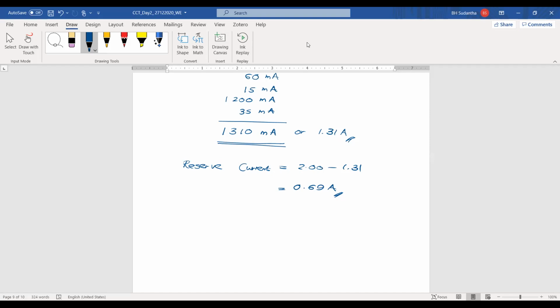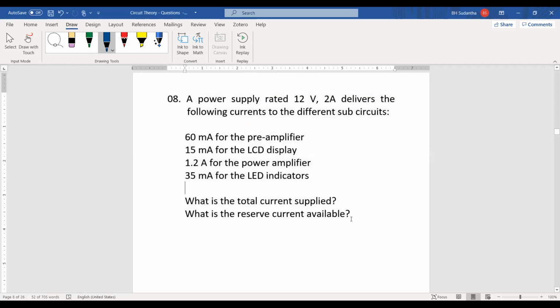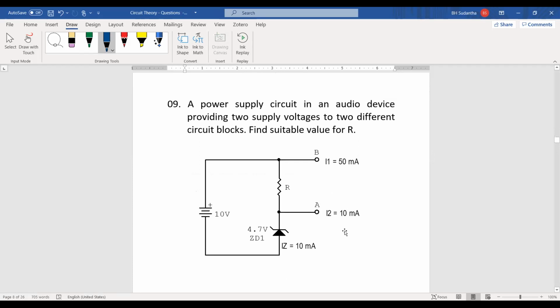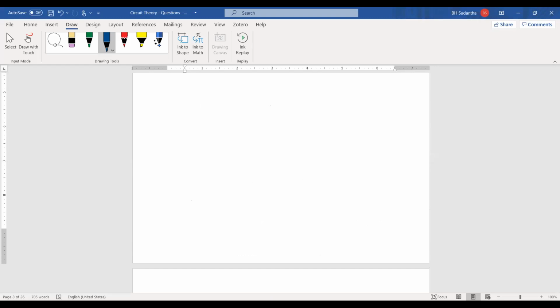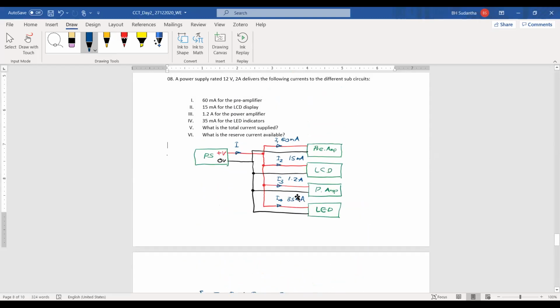Okay, the previous diagram. This one actually, this is the power supply, and we are providing power to these 4 circuits.